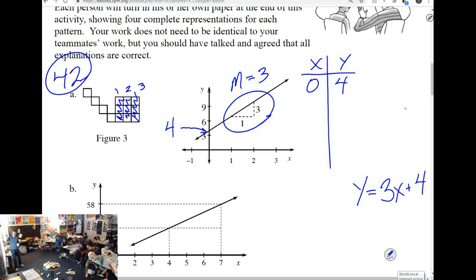So then I could fill in some spots on the table. 1, 7, 2, 10, 3, 13, 4, 16, and that's probably enough. Please make sure you have those down in your notes, and then with your group, start investigating B, C, and D.